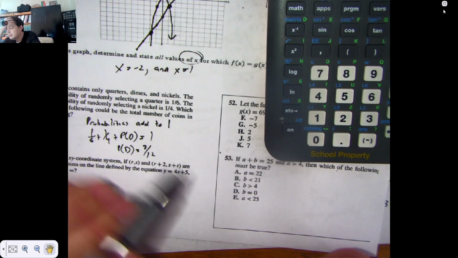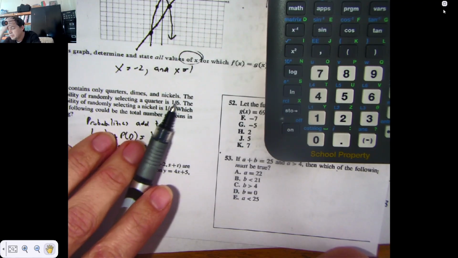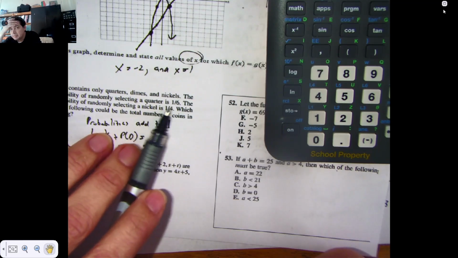Now, anyways, this helps me answer possibilities. If the probability of selecting a quarter is 1 in 6, that means there might be 6 quarters. There might be 4 nickels.